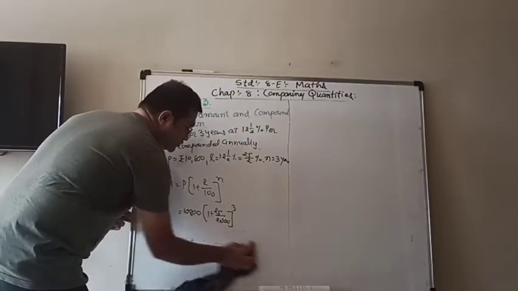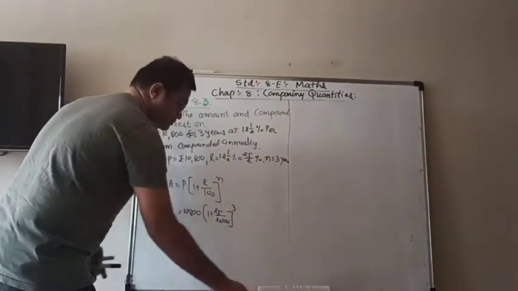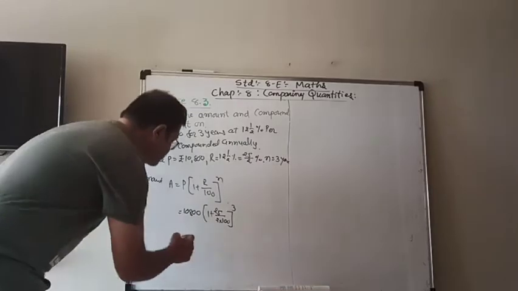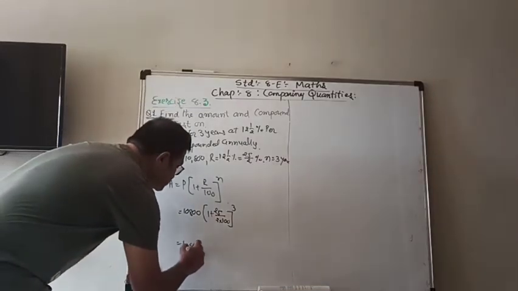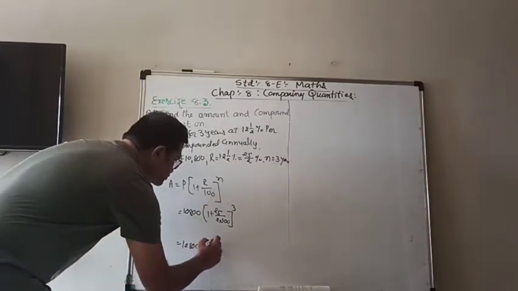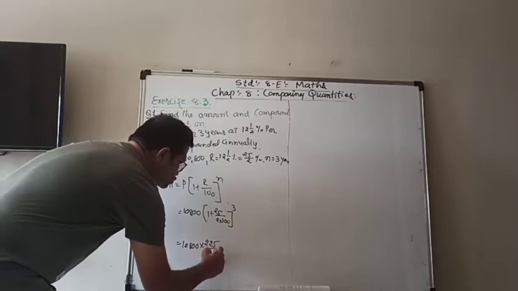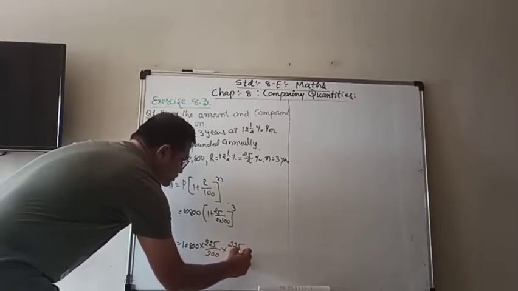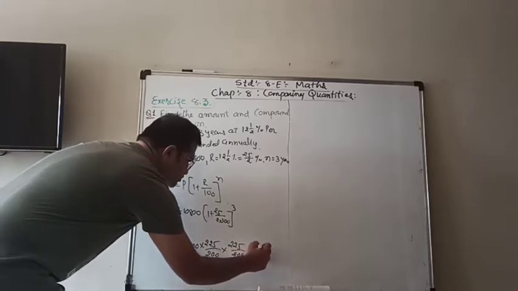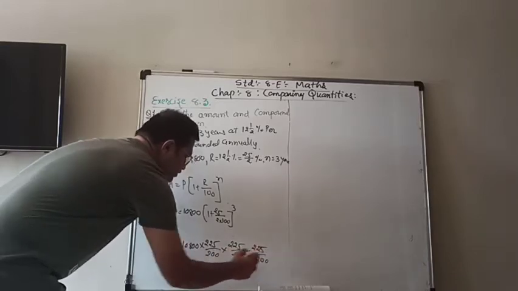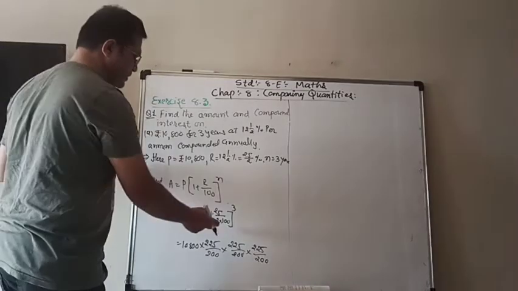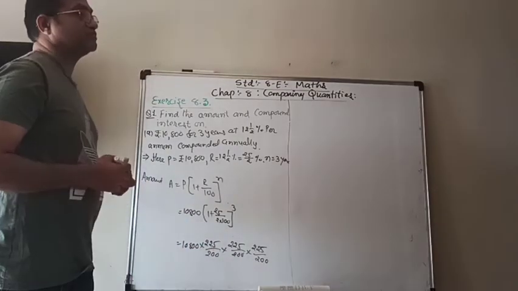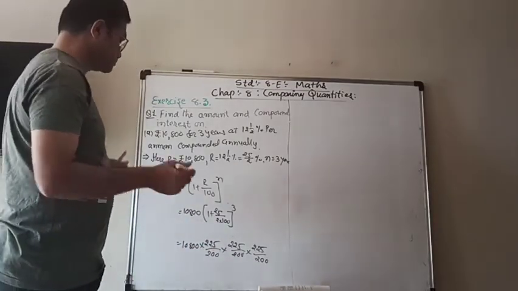So now let me write down a little lower so that it is easier for us for the cancellation. So 10,800, 225 upon 200, 200. Now we know that both of them will be divided by 5.